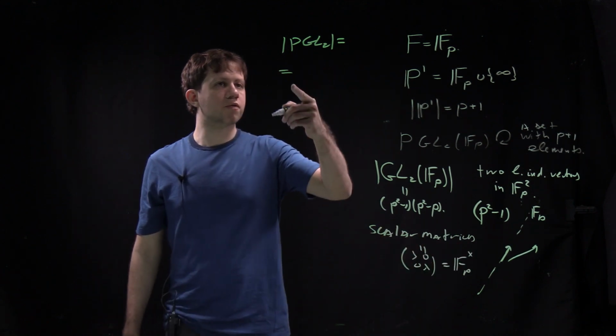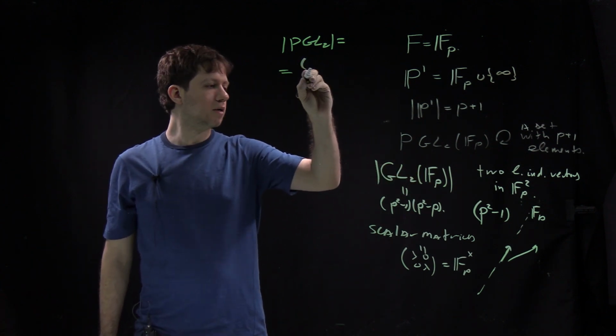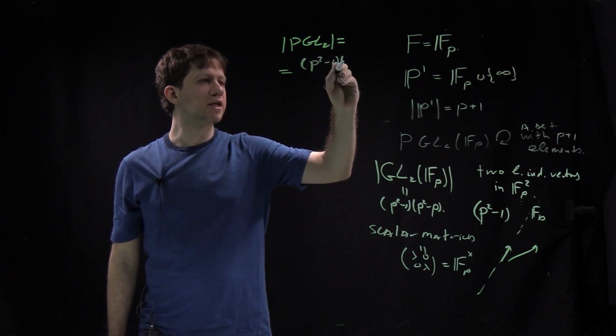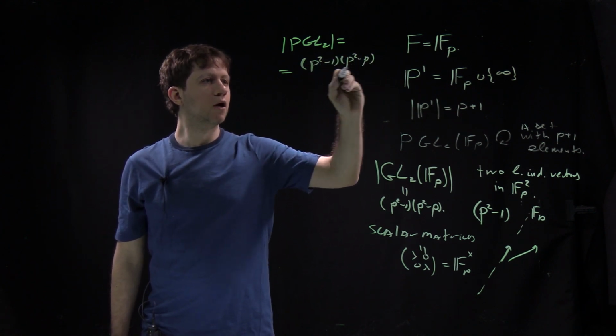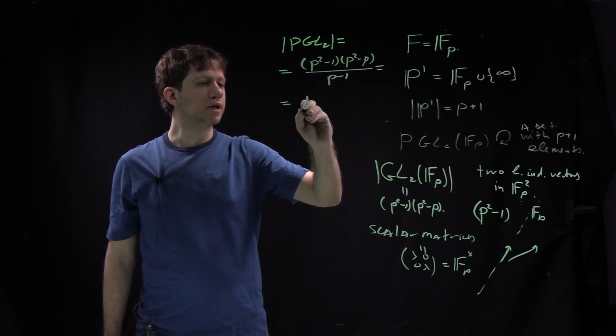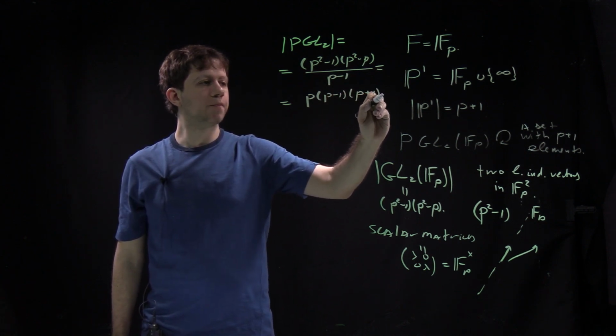So the order of this thing is p squared minus 1 times p squared minus p over p minus 1, which is p times p minus 1 times p plus 1.